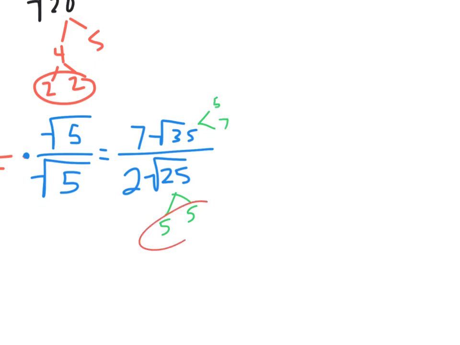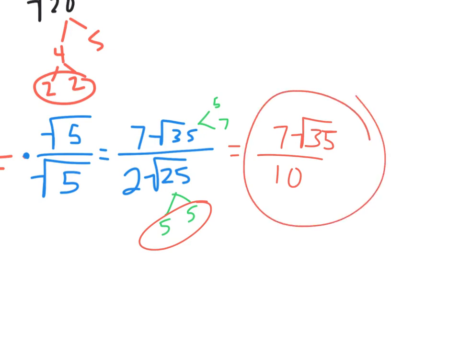So I got a group of 2 5s in the bottom. 5 goes to the outside, giving me 10 on the bottom. 7 radical 35 stays the same on top. And lastly, check to see if you can reduce, which you cannot. Therefore, 7 radical 35 over 10 is all I can do.